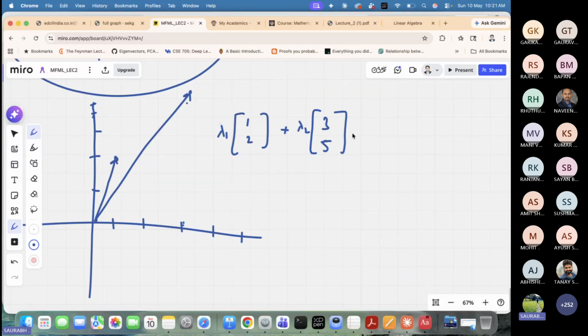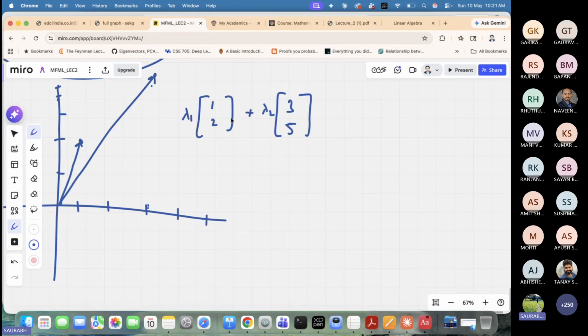Now, these are independent if the only way to combine them and reach the zero vector is lambda 1 and lambda 2 being 0. Are there any other possibilities? Think of all the possibilities that can exist. Let's say lambda 1 can be any positive number, lambda 2 can be any negative number.